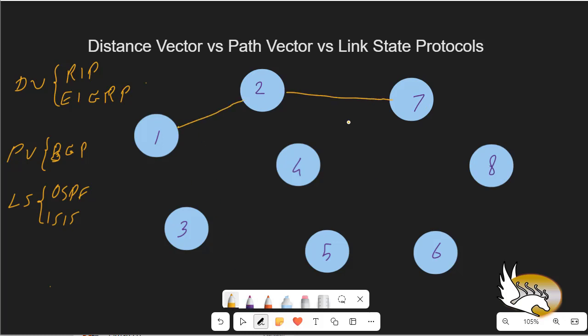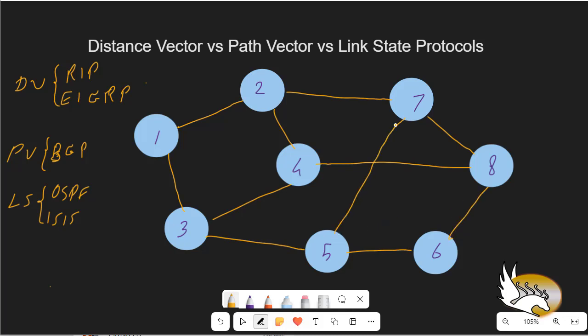We can have it full mesh or partial mesh. Doesn't really matter. I'm going to say, for example, these are the types of connections that we have here. And also this is going to be like this, and let's say that this one is connected to router 7 as well.